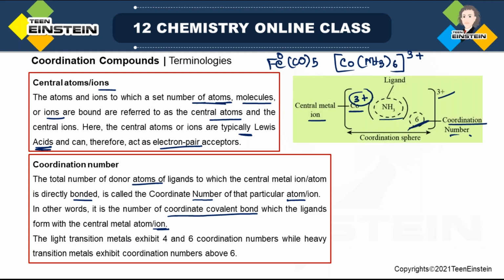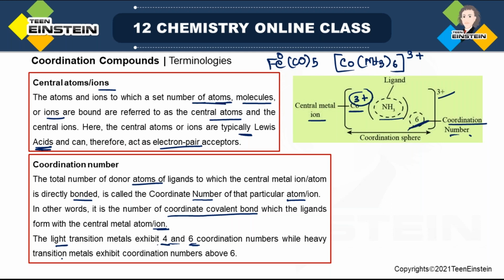So for the light transition metals, that is the first transition series, remember, in the d block we have the first series, then the second transition series, third transition series. If we consider the first transition series, mostly you will see these two coordination numbers are common.